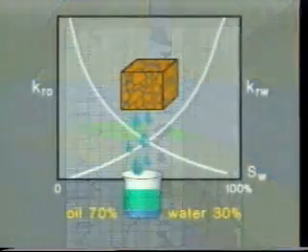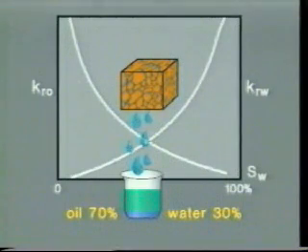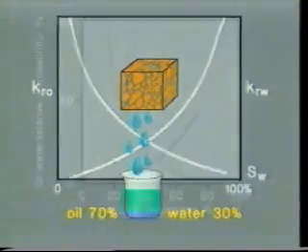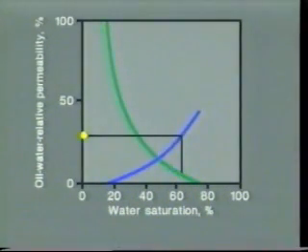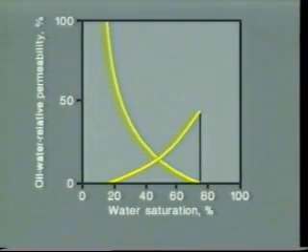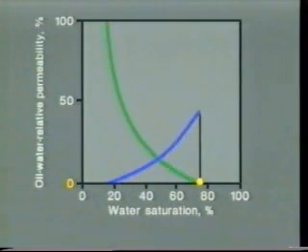Near the top of the transition zone in a water-wet reservoir, hydrocarbons will make up a higher percentage of the produced fluid. For example, as water saturation increases in a water-wet rock, it is easier for the water to move than it is for the hydrocarbons. As water saturation reaches 75%, the relative permeability to oil nears zero, and no hydrocarbons will be recovered.